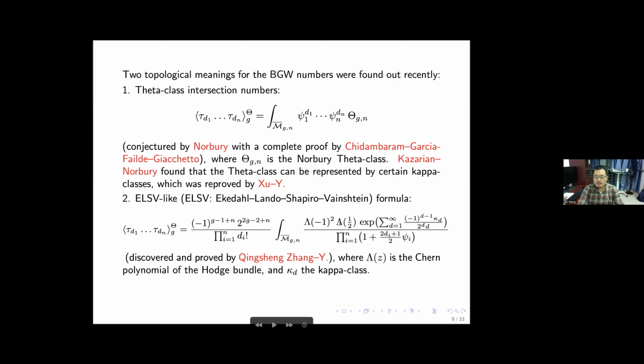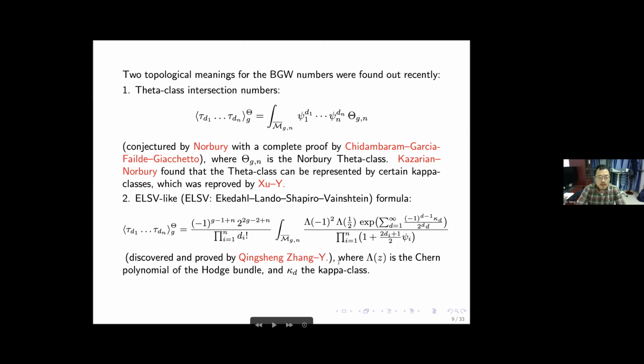Here, lambda_Z is the Chern polynomial of the Hodge bundle over M_g,n bar. In this formula we also have some kappa classes, and these are different from the Kazarian-Norbury kappa classes, so they are different from the theta class. This was discovered and proved by Qingsheng Zhang and myself.